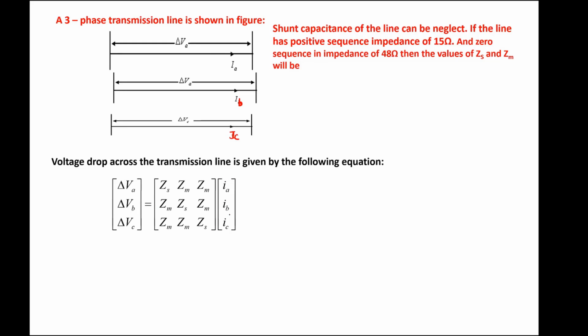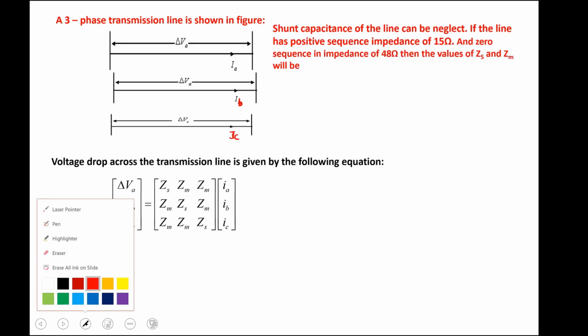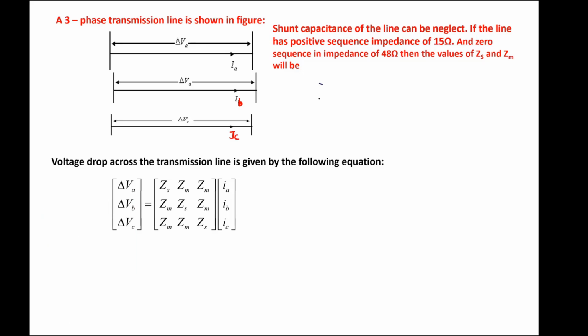The shunt capacitance of the line is neglected. If the transmission line has a positive sequence impedance ZL1 or XL1, whatever you think, of 15 ohms, and zero sequence impedance of the transmission line is 48 ohm, then what is the value of ZS and ZM?